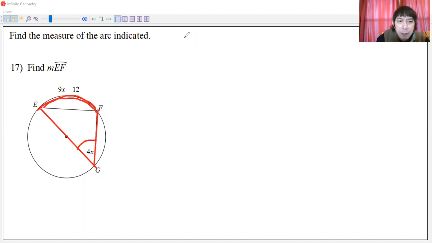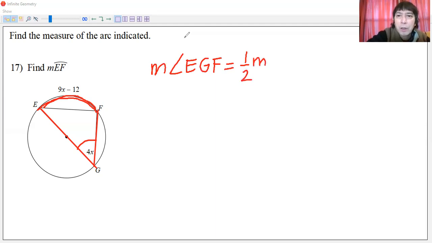The angle EGF, the inscribed angle, is 1/2 of the subtended arc EF. Yes, 1/2 of that arc is the angle EGF.